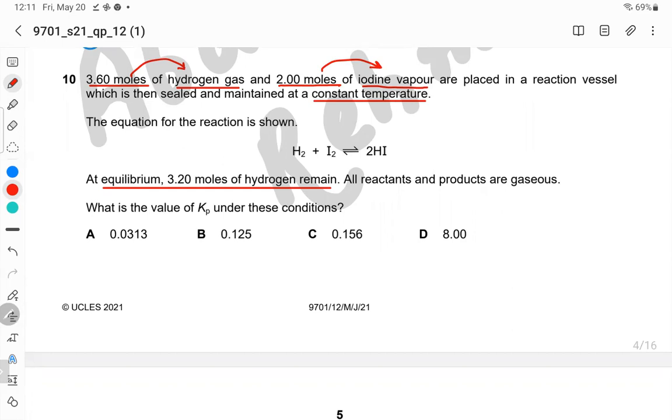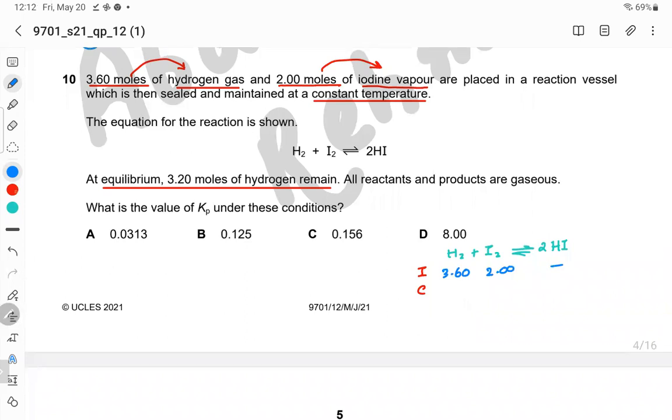If you recall, I have always told you to draw the ICE table in such a case. So we have H2 plus I2 forming 2 moles of hydrogen iodide. If I put the values, the initial moles of hydrogen is 3.60, iodine is 2.00, and hydrogen iodide is nil. Then they have given me the equilibrium moles.